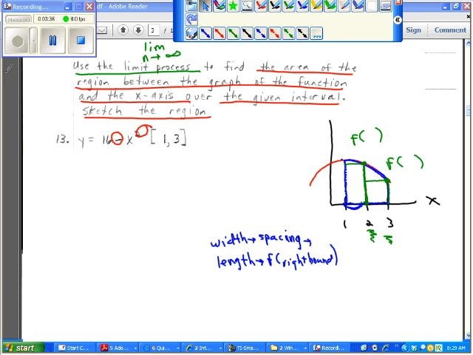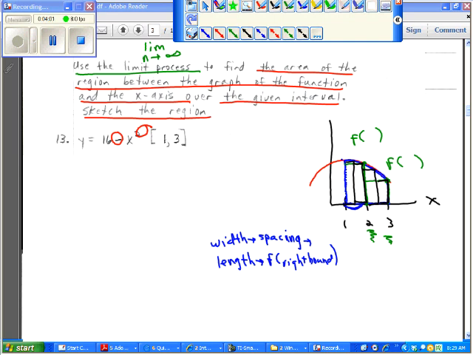All right. Now, we talked about that, and then we said, okay, if we would create more and more rectangles, then we would get closer and closer to the actual area under the curve. And then when we did that, we said, okay, now we've got these 4 rectangles. Let's just look at that.